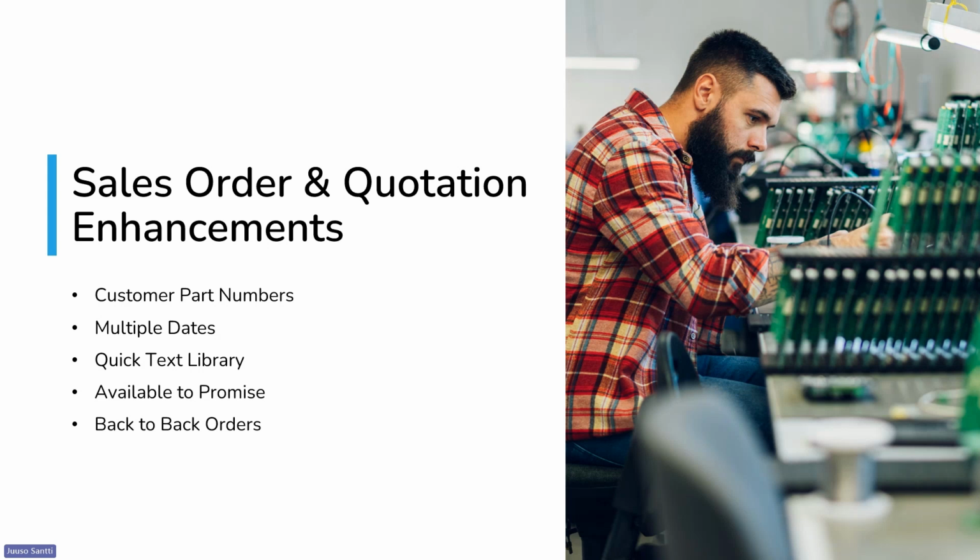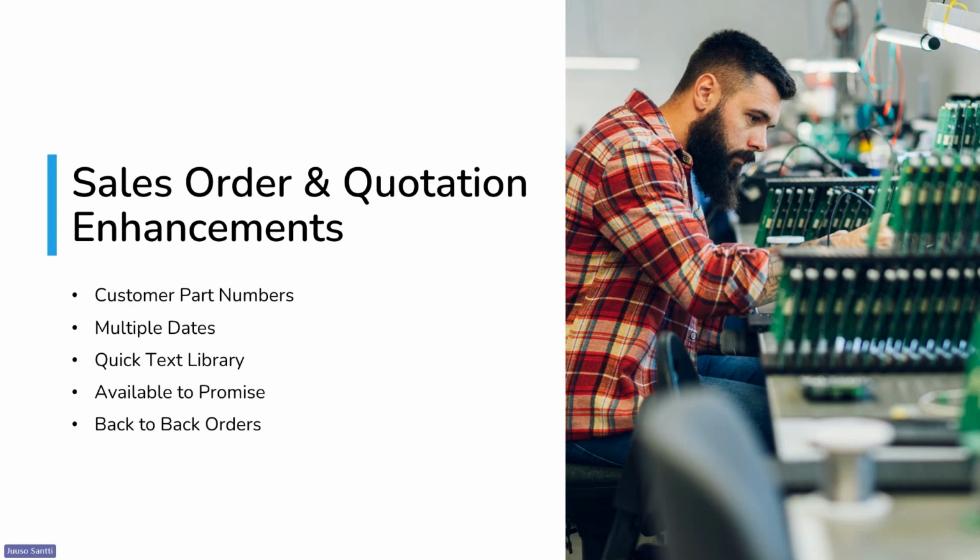customer part numbers, having multiple delivery dates on single sales order lines. For those common lines that you frequently use, we do have a quick text library, which I will show you. And also, when can you actually sell something, or what would be the earliest date that you can promise to deliver something?